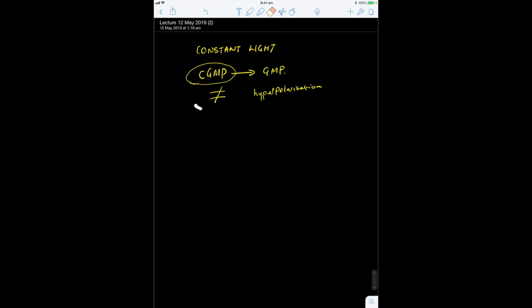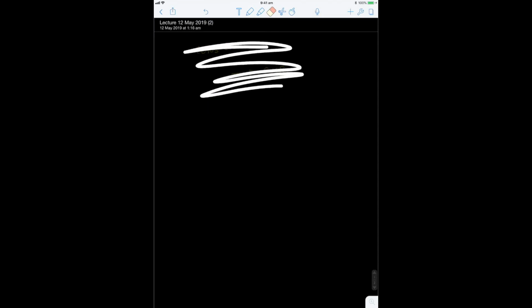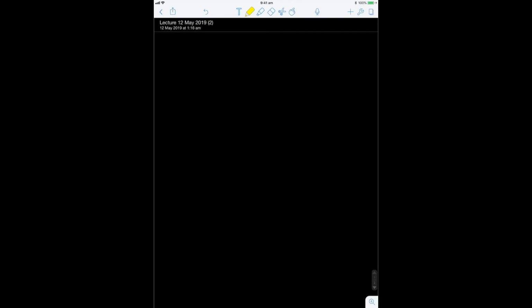So the way this works is by thinking about an enzyme which is called guanylate cyclase. And guanylate cyclase does the exact opposite of the process we were talking about before.